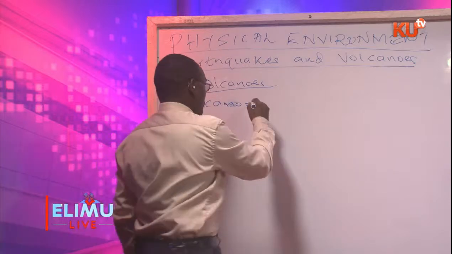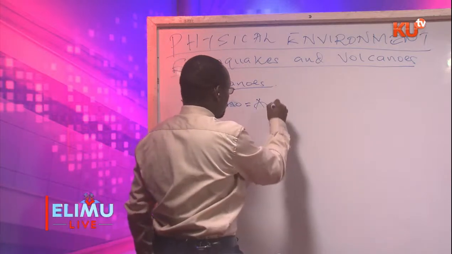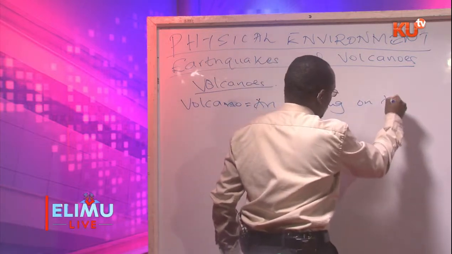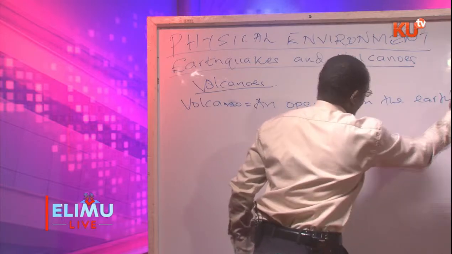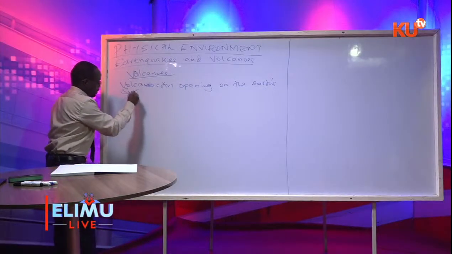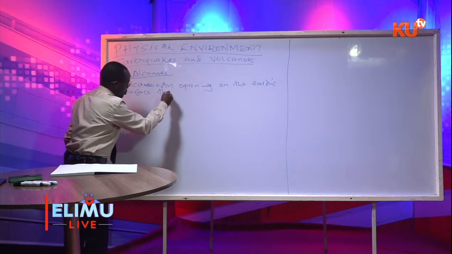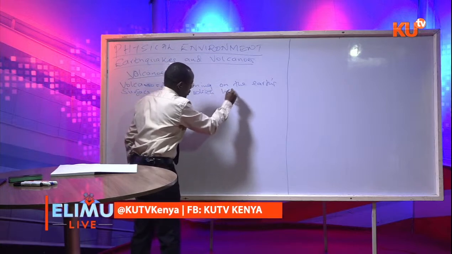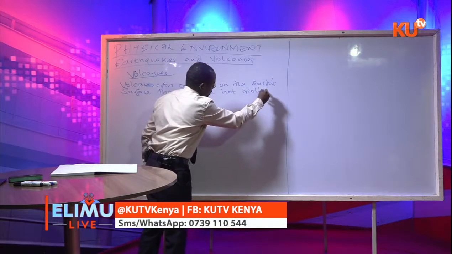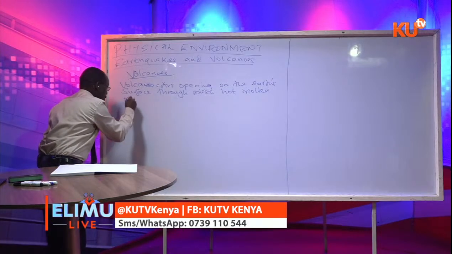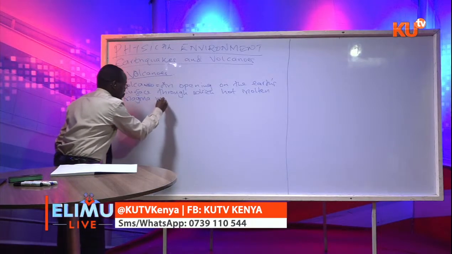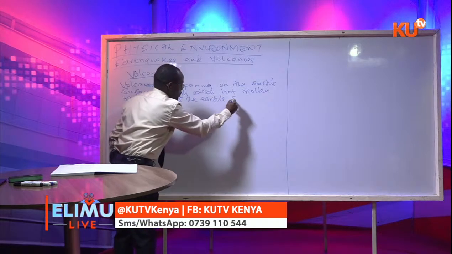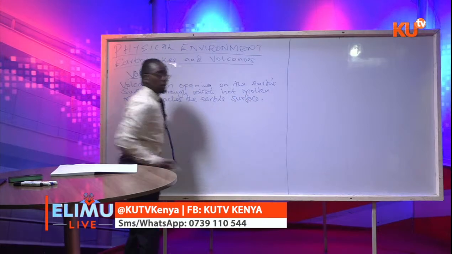Therefore, a volcano, as I said, is an opening on the Earth's surface through which hot molten magma reaches the Earth's surface.